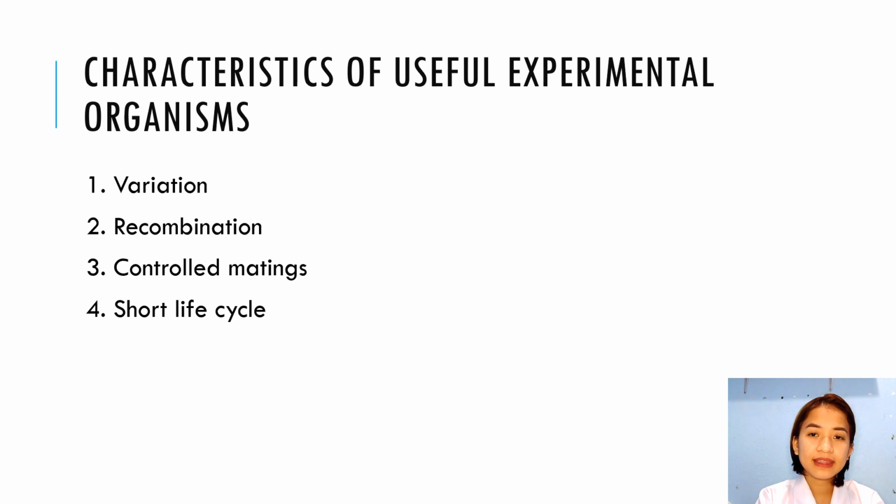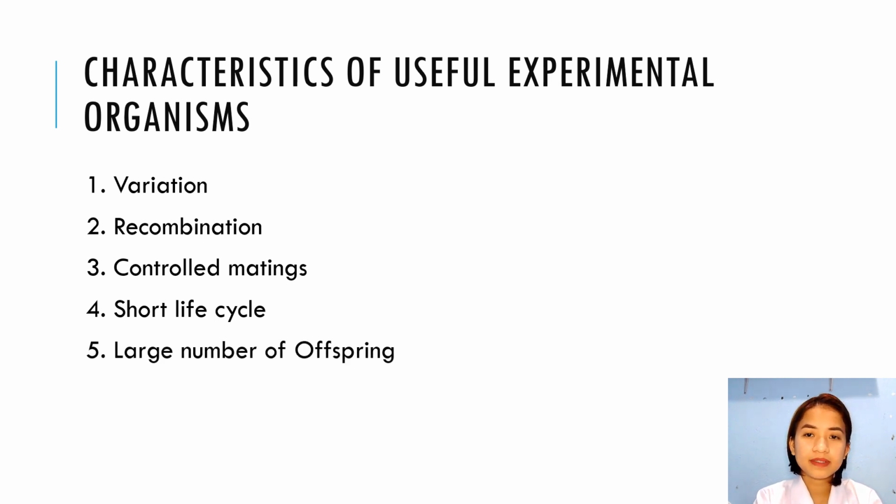And short life cycle. Chosen organisms should have a short life cycle. For example, the fruit fly is often used in genetics because it can provide a generation in 10 days. And large number of offspring.